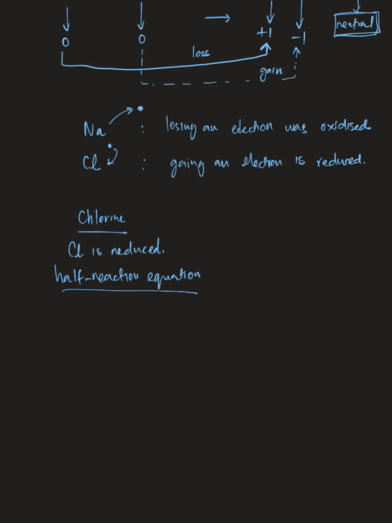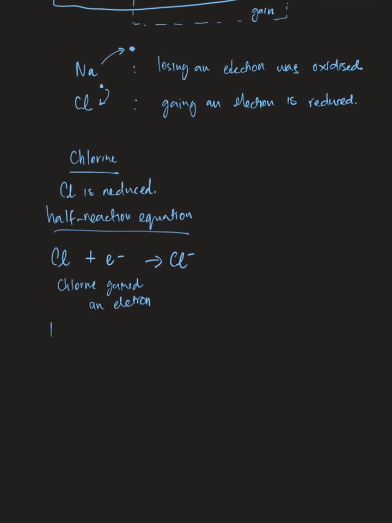So chlorine plus an electron gave us Cl1-. So chlorine gained an electron. So that's how you write down a half reaction. And what we call this is the reduction.